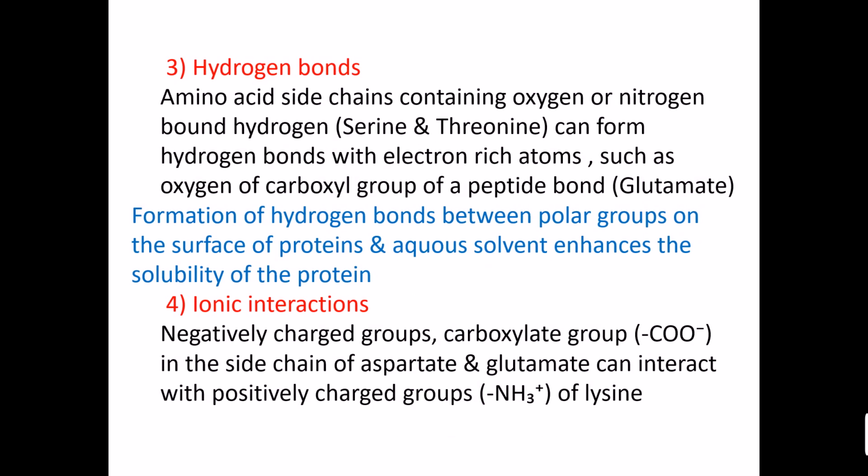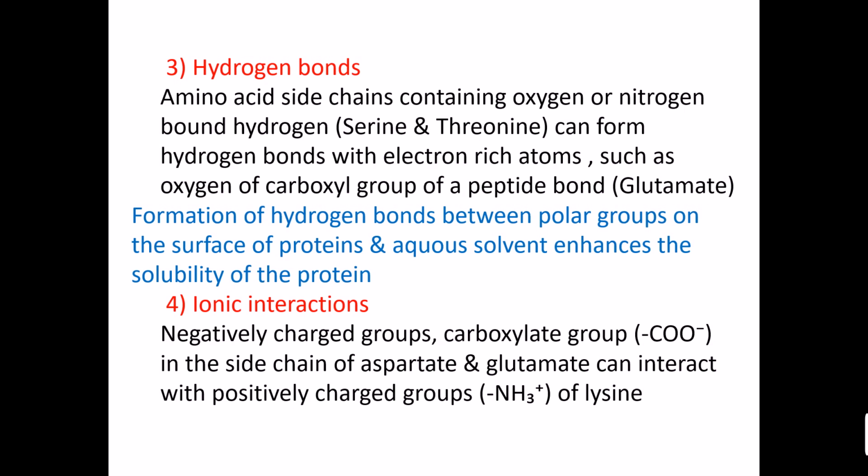Hydrogen bonds: serine and threonine have a hydroxyl group, and they make a bond with the oxygen of the carboxyl group of some peptide bonds, such as glutamate. And formation of hydrogen bonds between polar groups on the surface of proteins and the aqueous solvent enhances the solubility of the protein. And number 4 is the ionic interactions.